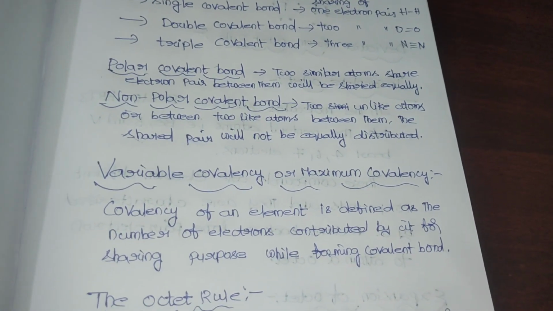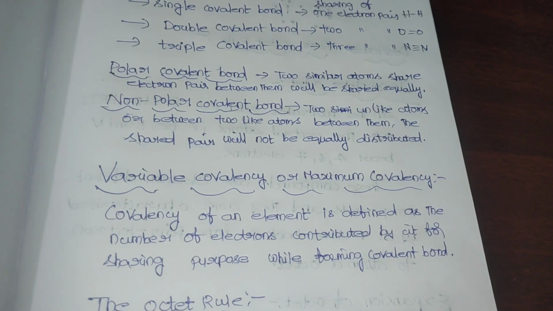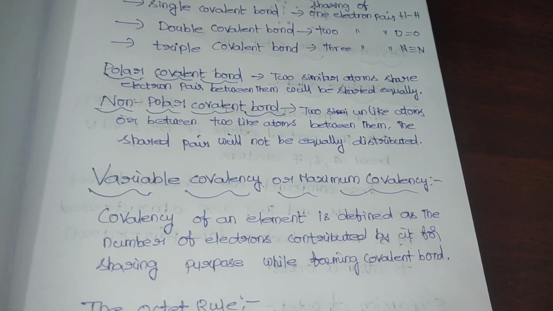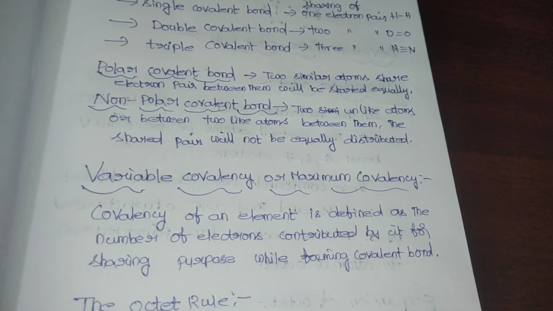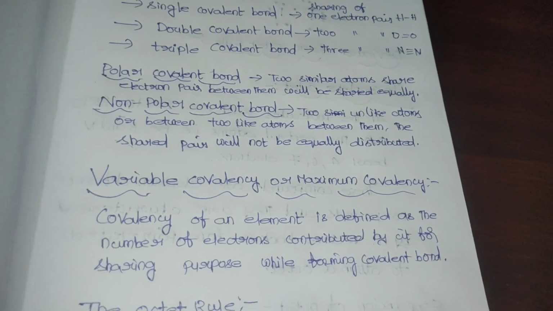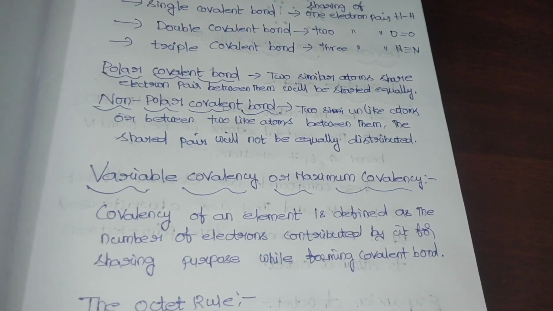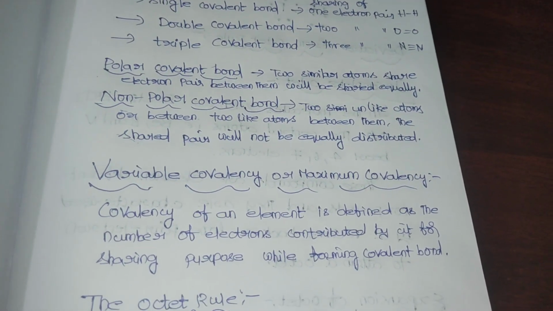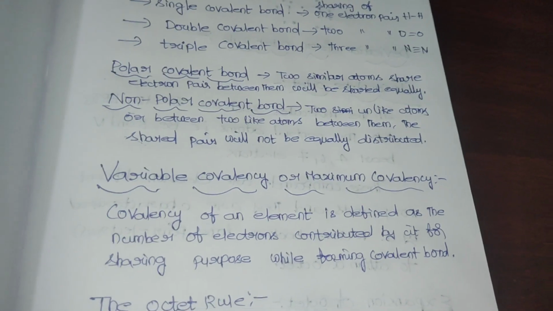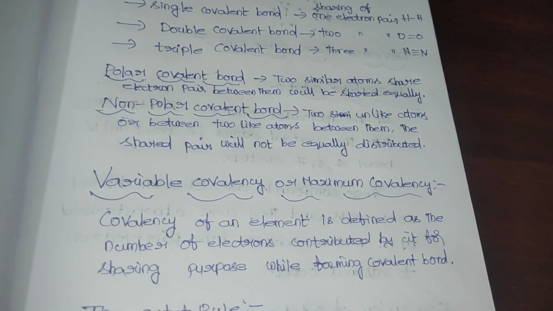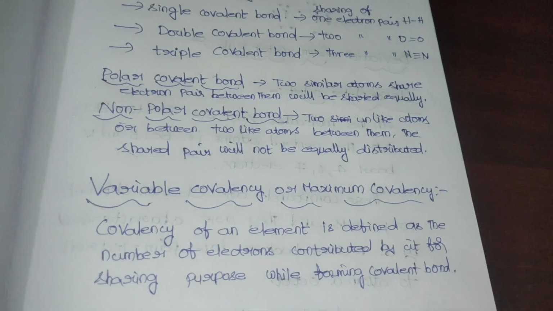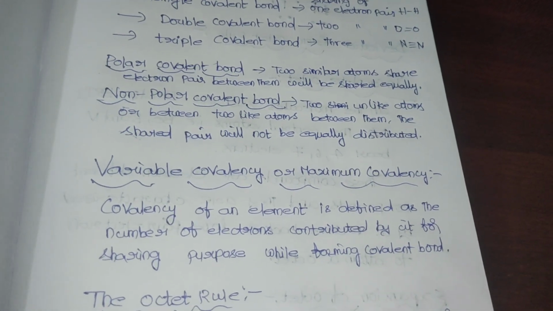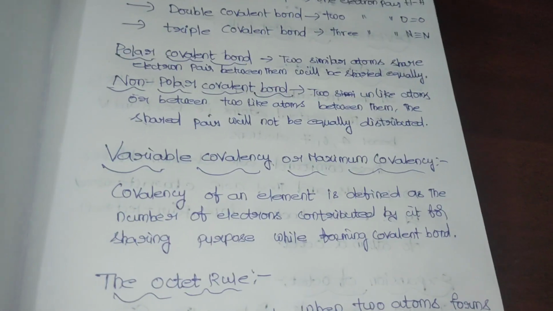So whatever the element is, how many electrons it is sharing, whether 1, 2, 3, 4, or 5, for forming the covalent bond, that is covalency. Maximum covalency means the maximum number of electrons it can share to form a covalent bond.